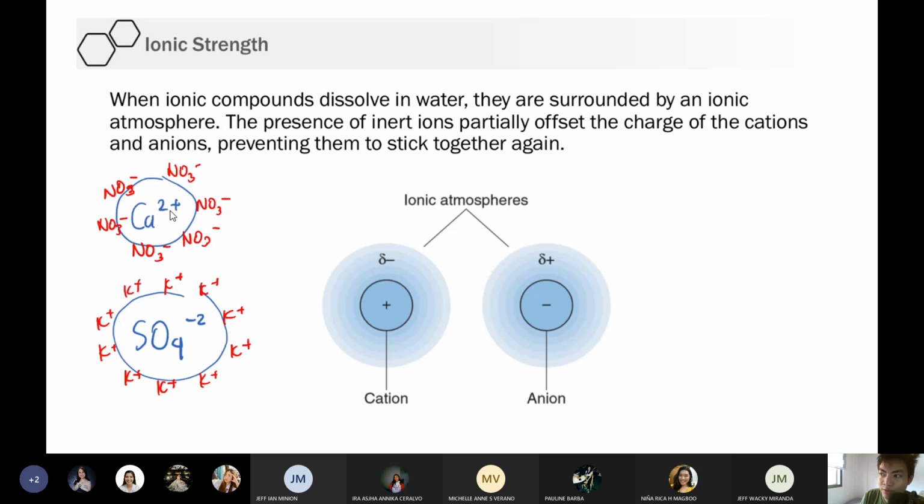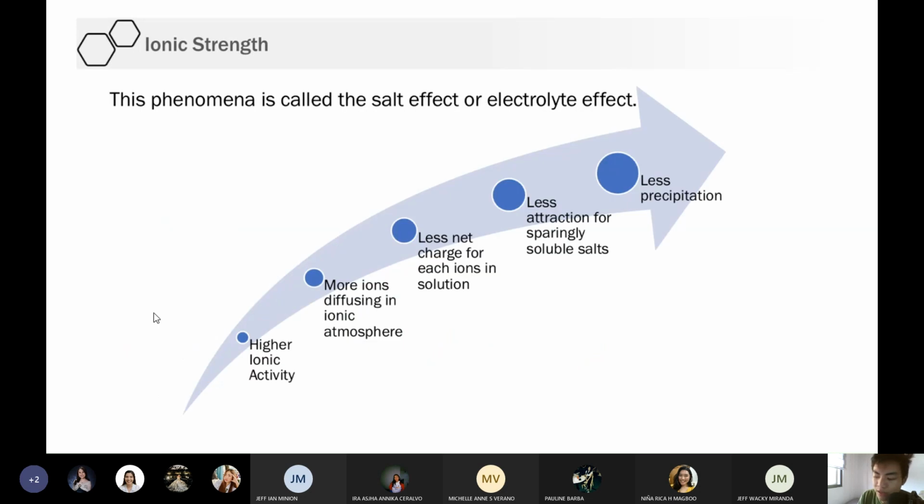They will have fewer chances of coming back together. As a result, your precipitate will be more soluble, or will no longer form. It will only produce the ions. That means the solubility will be increased. This phenomenon is called the salt effect.